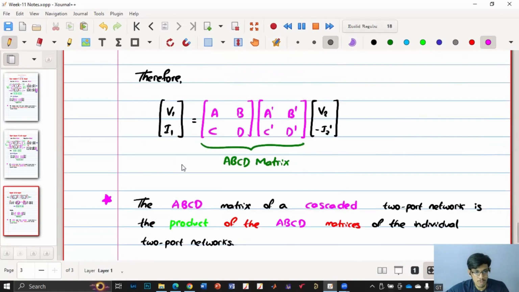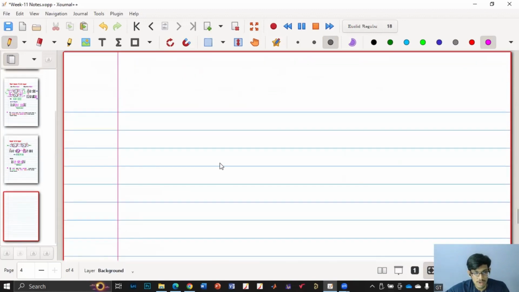Now we'll move on to one example where we consider ideal transformer and then we'll consider ideal transformer as a two-port network. So let me write it.